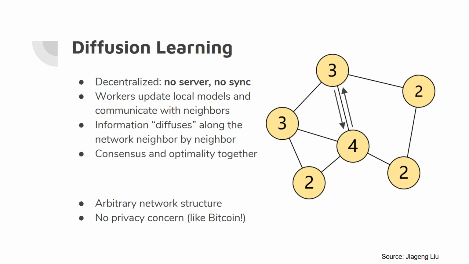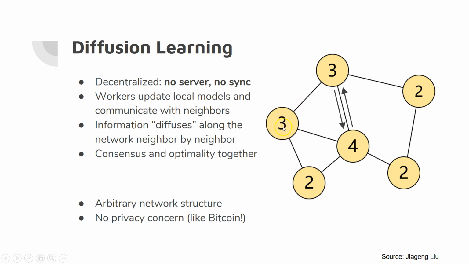The second strategy I want to introduce is diffusion learning. In this case, we get rid of the server altogether, and there is no need for synchronization between all these models. Instead of using a server, all the computing nodes only communicate the parameter updates with their own neighbors. For example, node 3 here will update its own model and push the update to the 3 neighbors that it can communicate with.